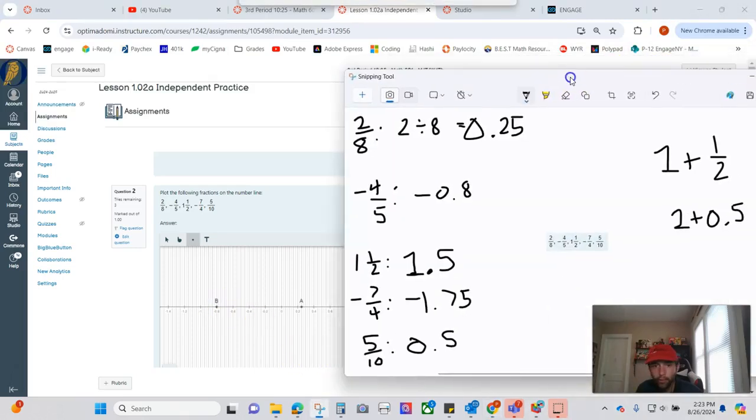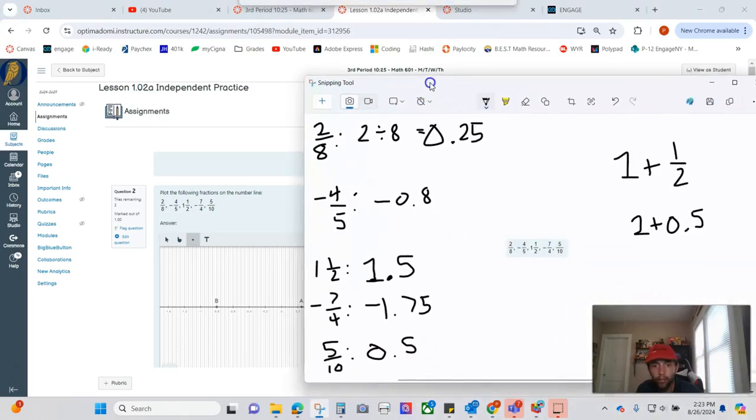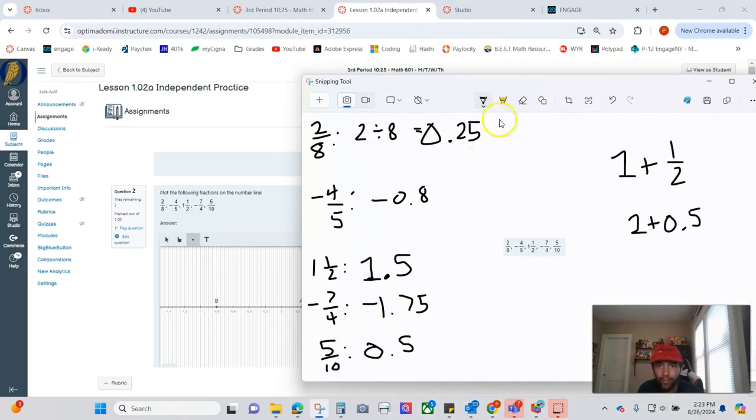Our next number is positive 1.5. Start at 0, positive 1.5, staying on this thick black line the whole time. Oh, I went too far. Positive 1.5 right there.